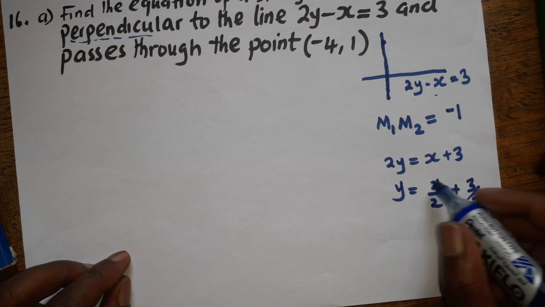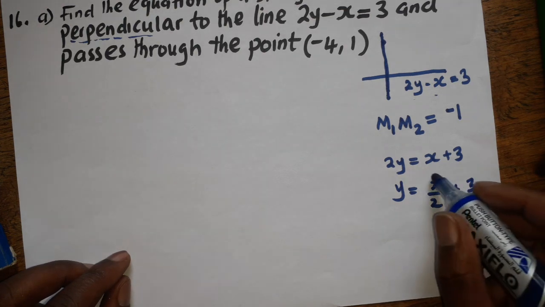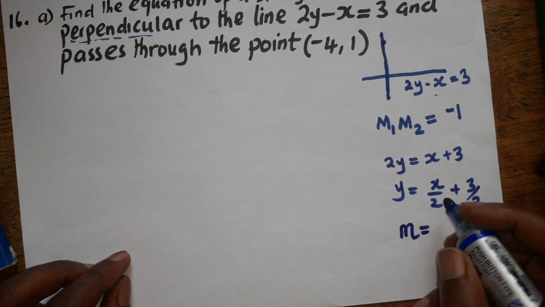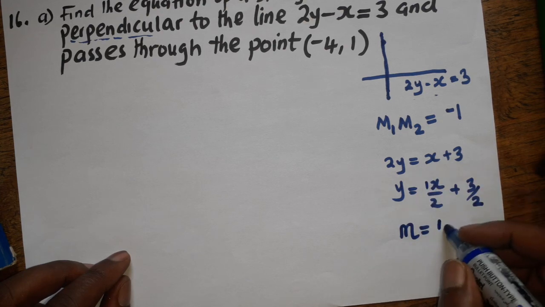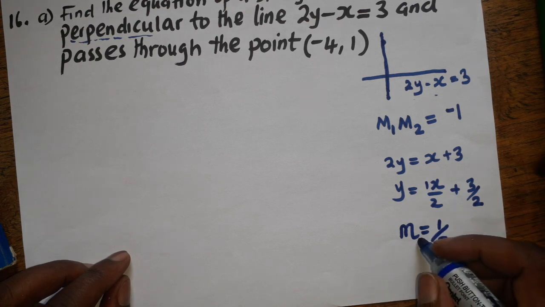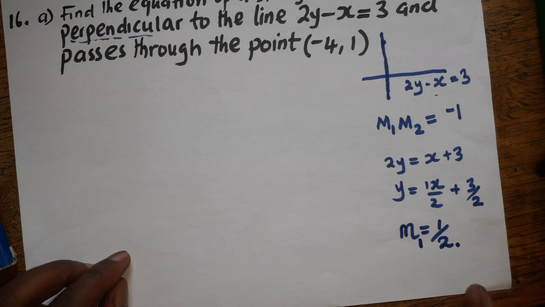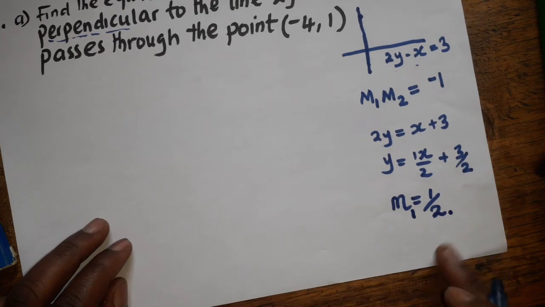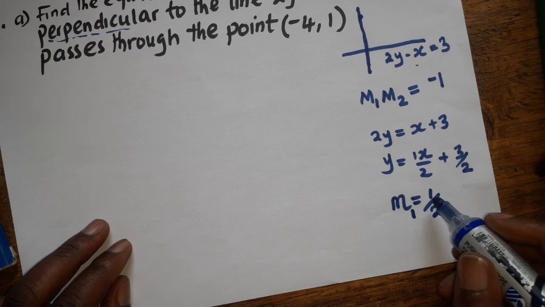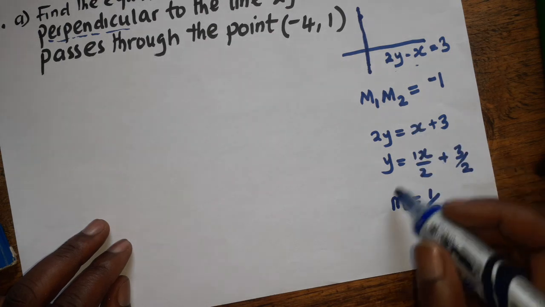Then now at this point we get the coefficient of x as our gradient, and the coefficient of x is 1/2. So this is our m1.